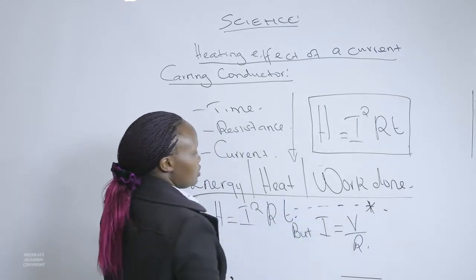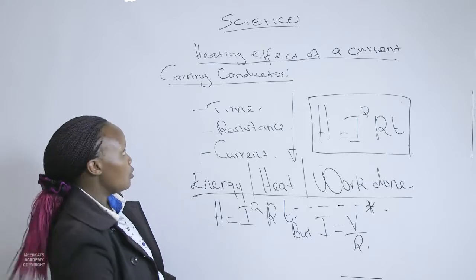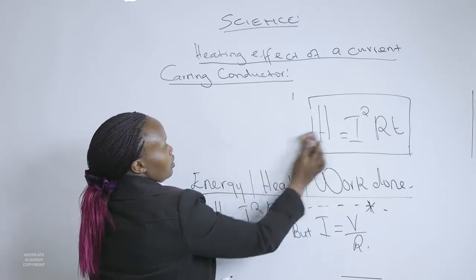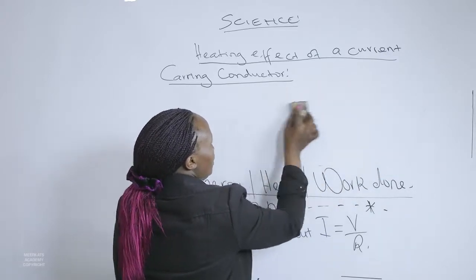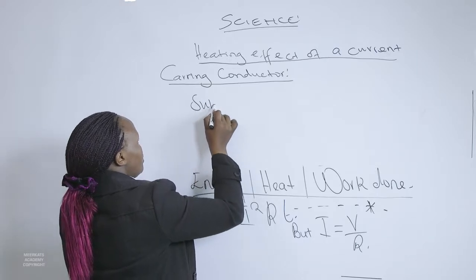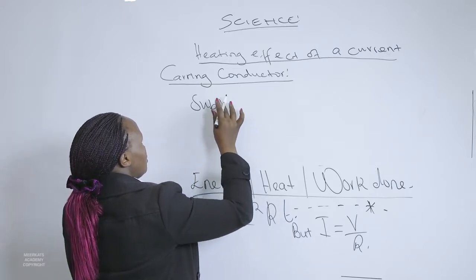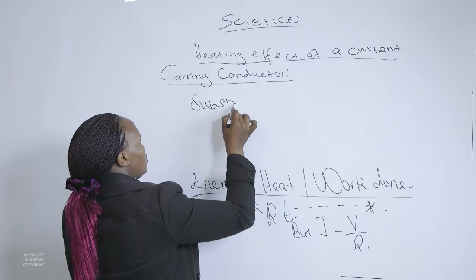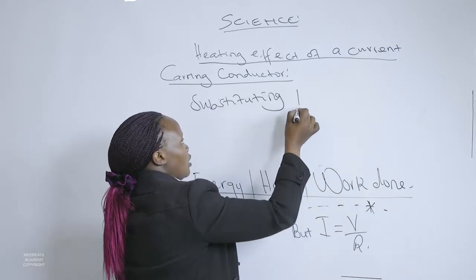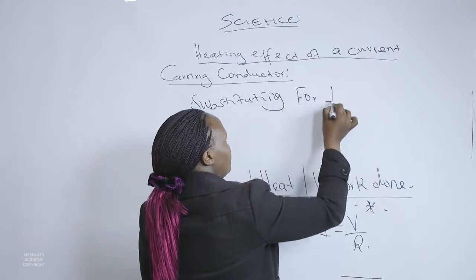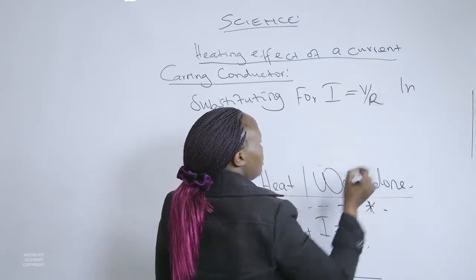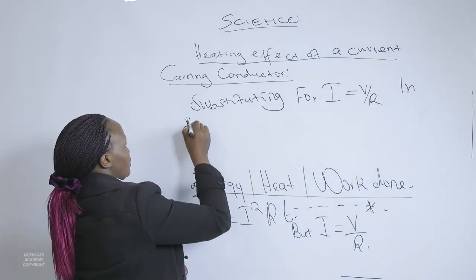Let us call the first equation star. We want to substitute that expression in our equation star. So we write substituting for I in star.